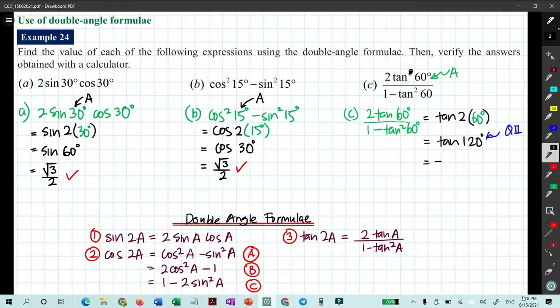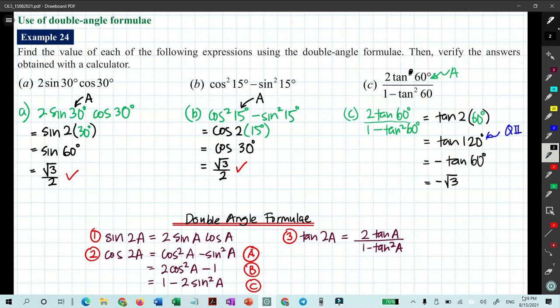Alpha is equal to 180 minus theta. So the value of alpha in this case is 180 minus 120, which is equal to 60. Therefore tangent 120 is equal to negative tangent 60, and the value of tangent 60 is equal to square root of 3. So the final answer is negative square root of 3.